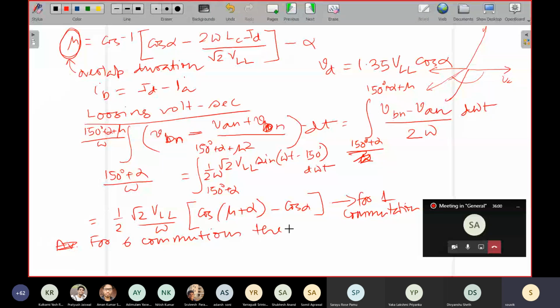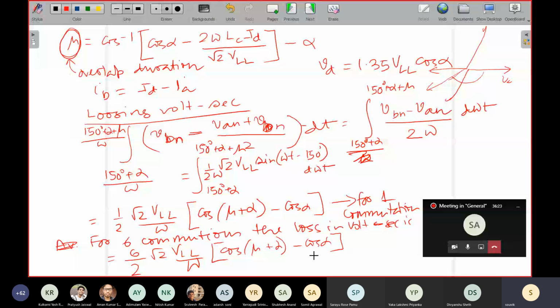The loss in volt second is into 6, so it corresponds to 6 by 2 root 2 VLL by omega, cos of mu plus alpha minus cos of alpha.